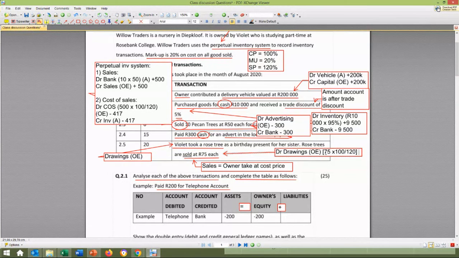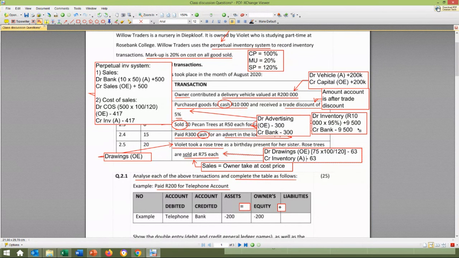So 62 Rand 50 cents, but they said you have to round it up, so it's 63 Rand. And then I'm going to credit my inventory also with the 63 Rand. So my inventory will decrease and my drawings will decrease my owner's equity.